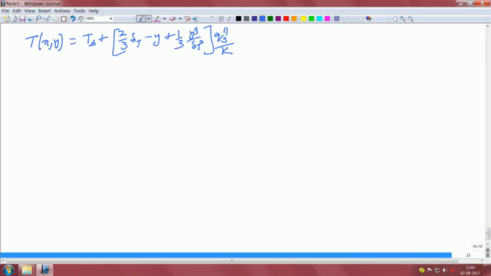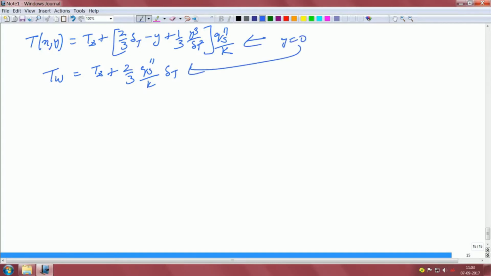Now, if you put y equal to 0, the wall temperature becomes T infinity plus 2/3 Qs double prime by K into delta T. This is the wall temperature. If you put y equal to 0 here, you will get this.